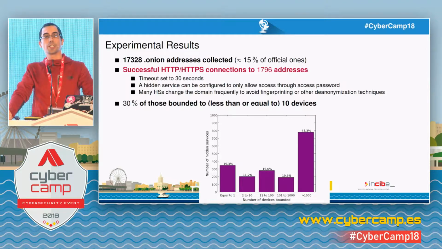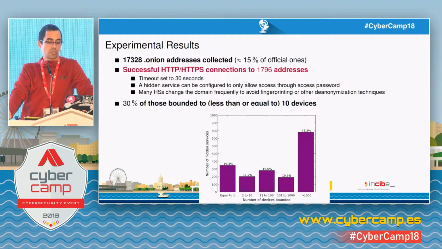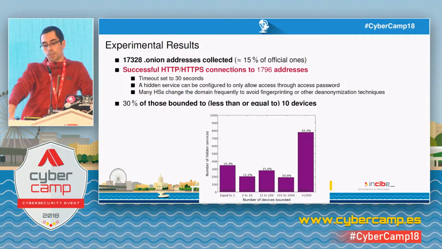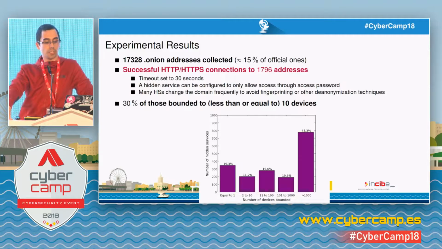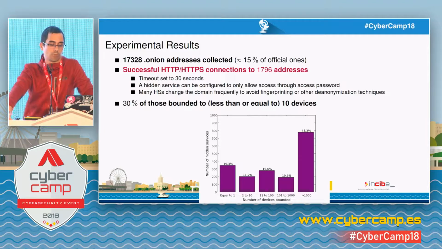So the system to collect onion addresses has collected 17,328,000 addresses. We only successfully connected through HTTP and HTTPS connections to 1,796 addresses. The timeout set was 30 seconds.